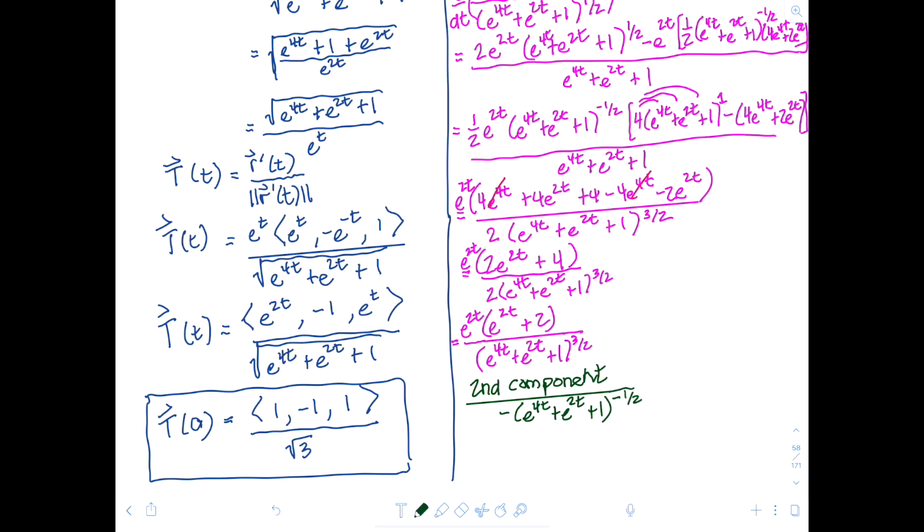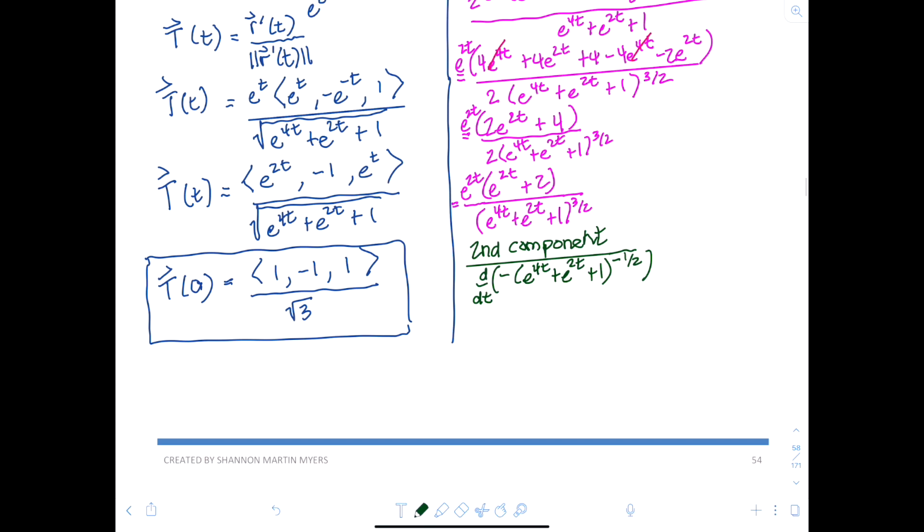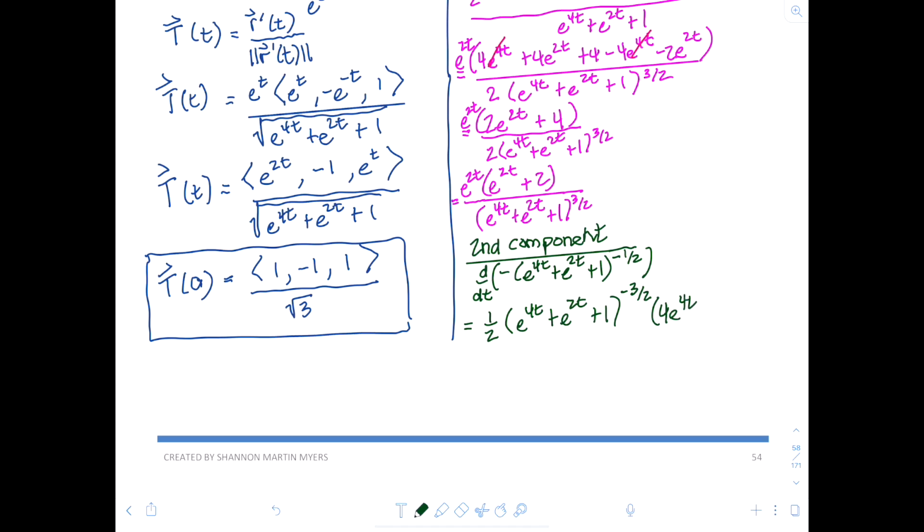That's our second component. And again, we're going to be finding the derivative with respect to t of this, but it's a heck of a lot easier than the last one. So that's going to end up being -1/2 times -1, which is +1/2. And then we'll have e to the 4t plus e to the 2t plus 1 to the -3/2. And then we've got to use the chain rule, so we'll get times 4e to the 4t plus 2e to the 2t. And then the 1 zeroes out. Cool, cool?